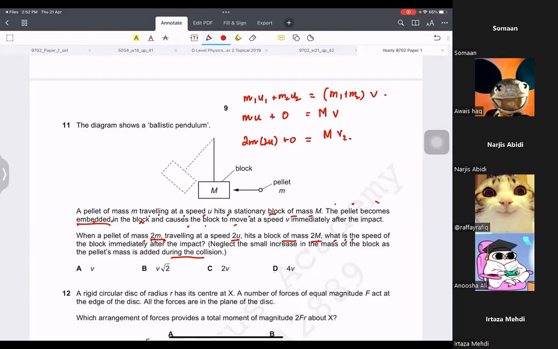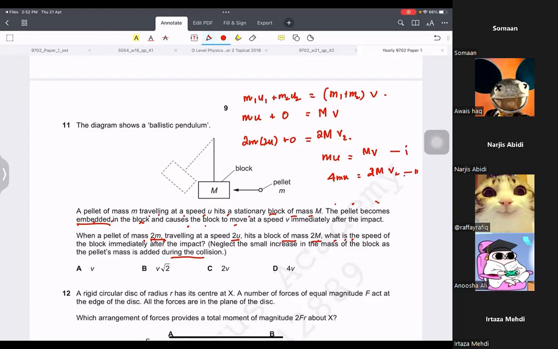Okay, so the first equation is mu equals mv. The second equation is 4mu equals 2m v2.